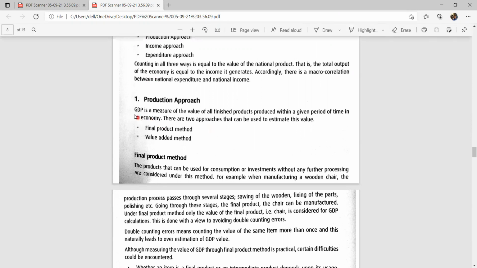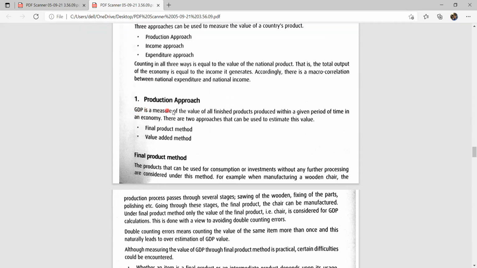So here, GDP is the abbreviation of gross domestic product, a measure of the value of finished products produced within a given period of time in an economy. There are two approaches that can be used to estimate this value: the final product method as well as the value added method.